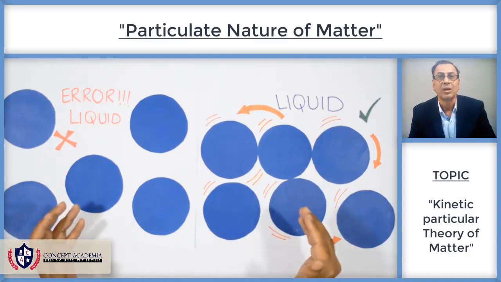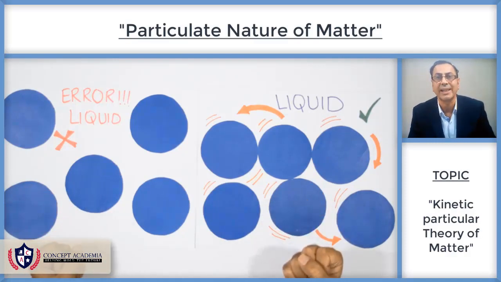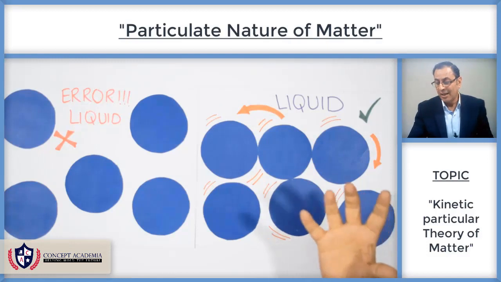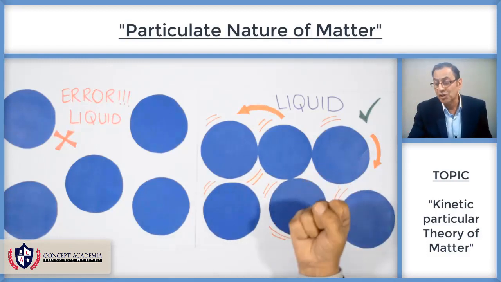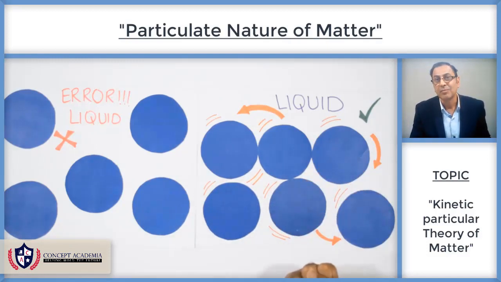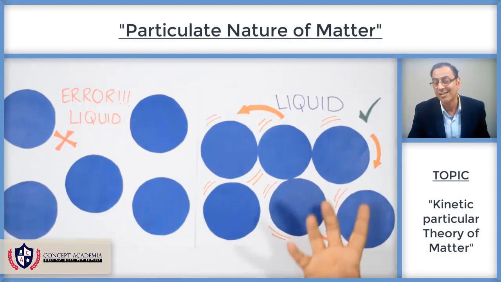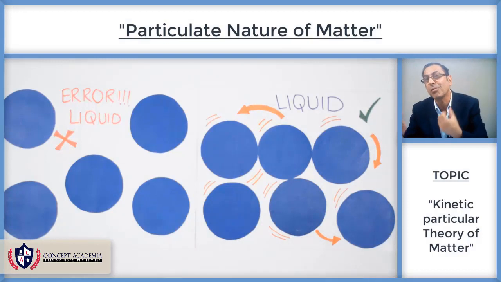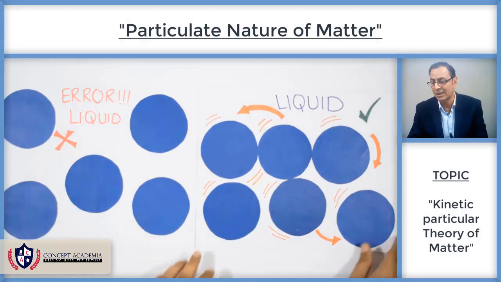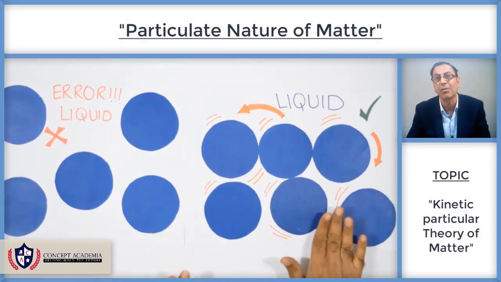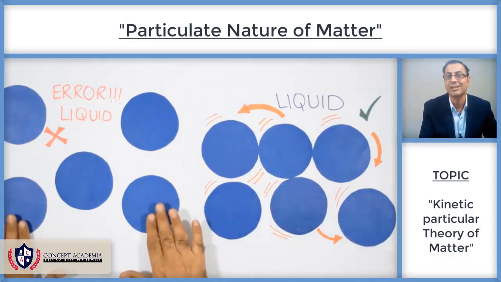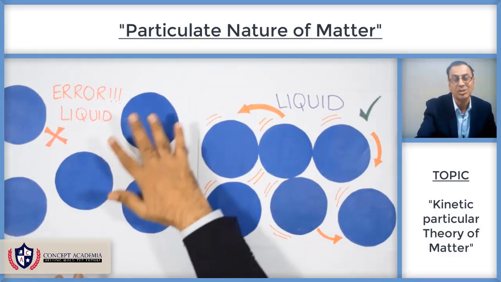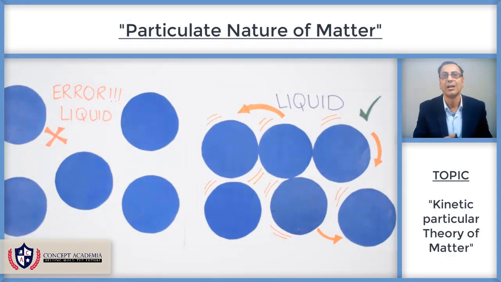Number two, in the case of the particles of liquids, there is a gravitational pull on them. So there should be a tendency that shows the gravitational pull on them. For example, in this case, the gravitational pull is shown, but in this case, there is no sign of gravitational pull.